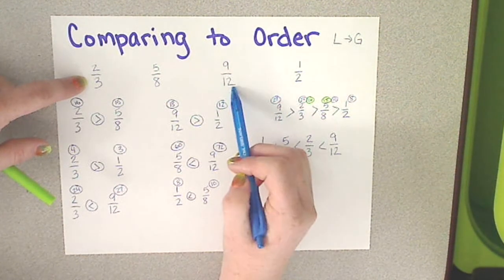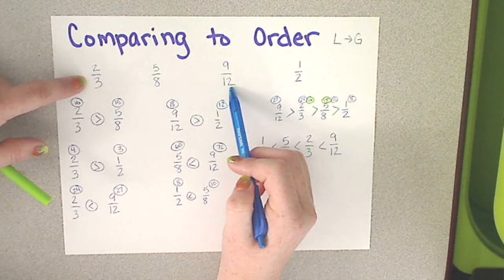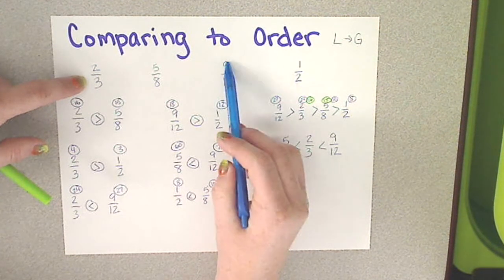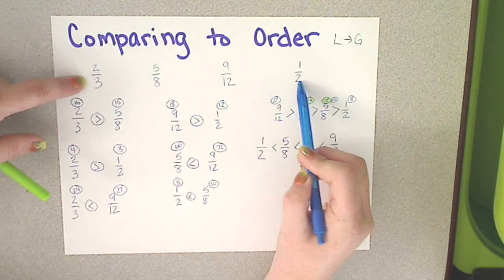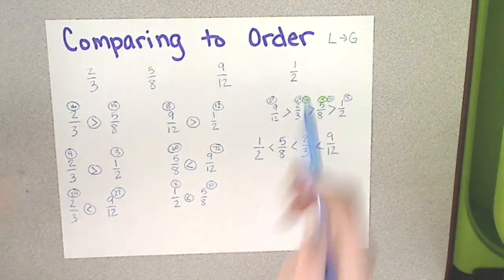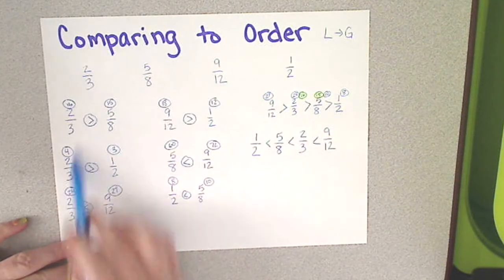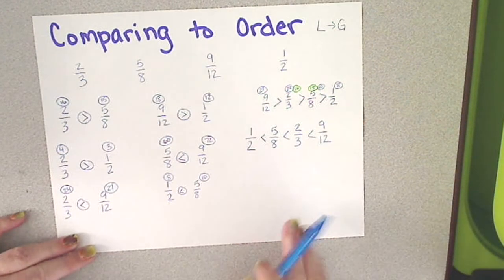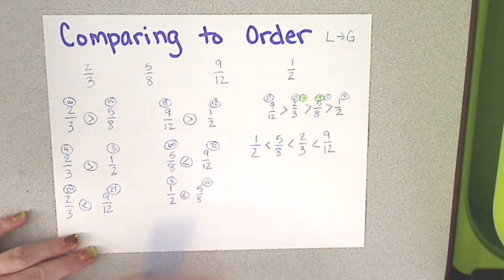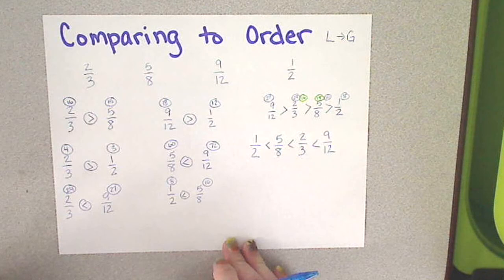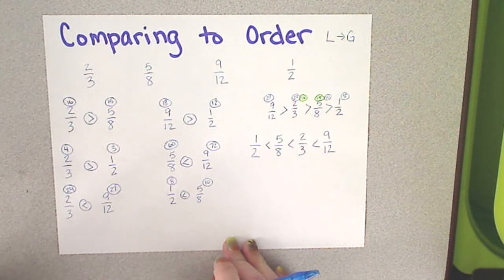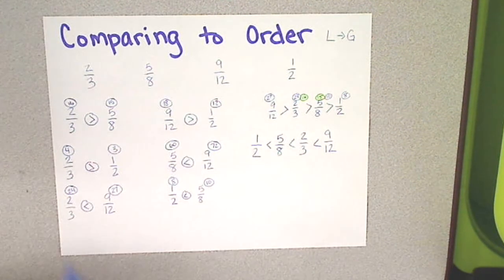And I know that 6/12 is half here, but 9/12 is going to be greater. So ultimately we know that all three of these fractions are greater than 1/2. So you can use the mental math or you can work it out this way. Either way, as long as you understand how to use this skill in order to compare and order decimals. Or not decimals, fractions. My brain's been stuck on decimals.